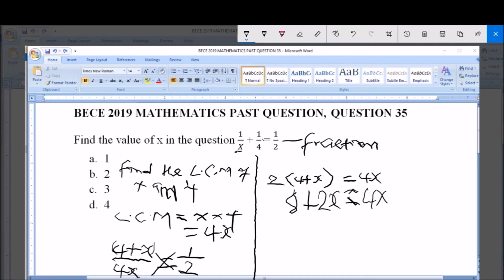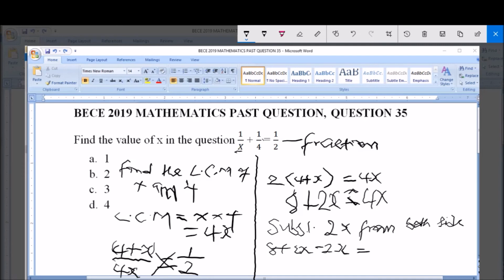Now we have to eliminate this 2x from here by collecting the like terms. It means we are moving this 2x to the other side. Since this 2x has a positive sign, the best way to eliminate it is by subtracting 2x from both sides. By doing that, we have 8 plus 2x minus 2x is equal to 4x minus 2x.